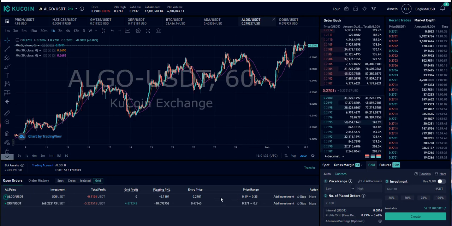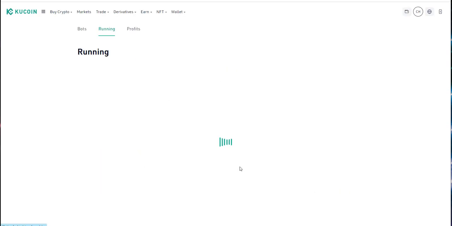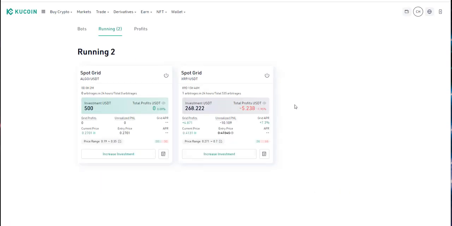It gives you the option, so I can't really show you, but it can say add more, and you only buy the things below. So it'll say like add this $35 to put in buys for 19 cents to 16 cents or to 15 cents or whatever it thinks we need to do at the time.